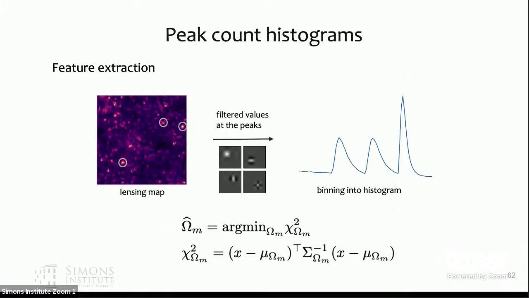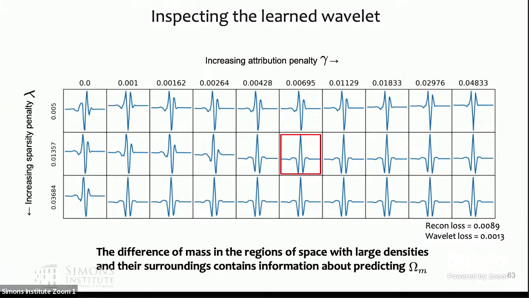So the peak counting algorithm is in the literature. You just bin into histograms and then you compare with the simulation. So you find a weighted quadratic distance and you find the right one. So that's just plugging in what people are doing already with fixed wavelets. So you look at what we do here, the wavelets for the cosmology, there's some trade-off, right?